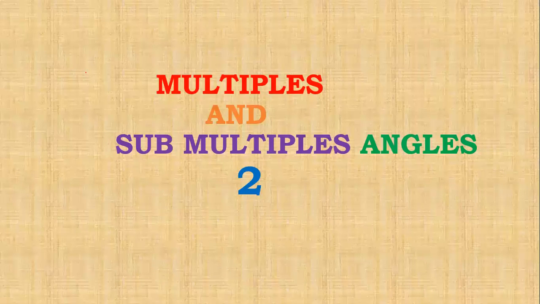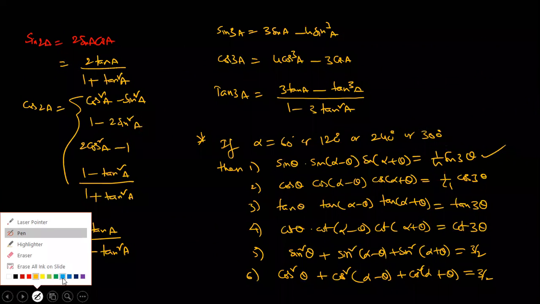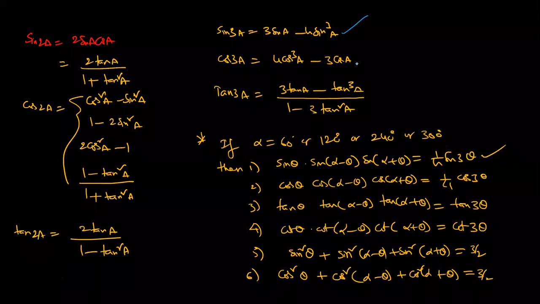So today's topic is what here? Multiples and submultiples angles. In this case, we're discussing sin 2A, cos 3A, tan 3A formulas. Alpha is 60 or 120 or 240 degrees or 300 degrees.